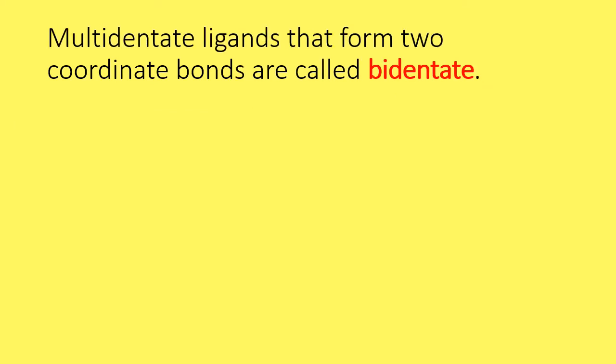And lastly, let's have a look at bidentate ligand. An example of which would be ethane 1,2-diamine. So let's write that out and then we can draw it. Ethane 1,2-diamine, so that has the formula NH2, so it's got an amine group on one end of the molecule.